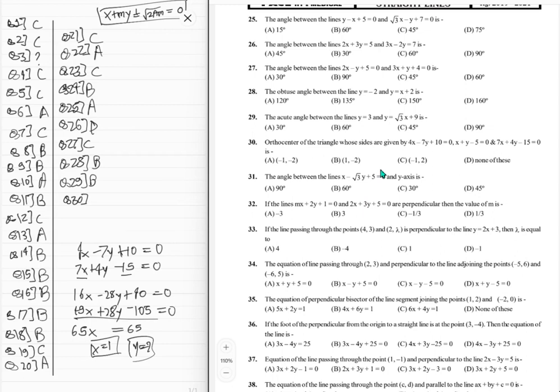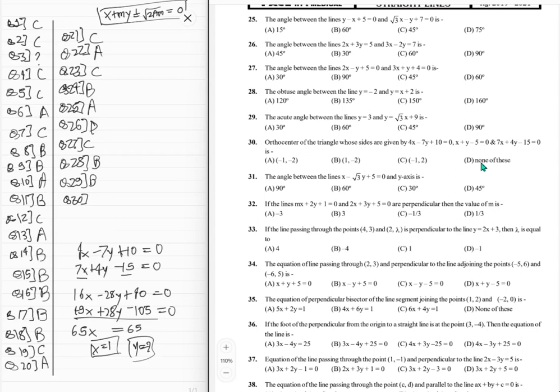Wait, yes, it should be 1 comma 2. Why isn't it in the options? So it's none of these. Okay, that's not satisfying at all. We did everything correctly, didn't we? Yes, so 7 times that is 49 plus.